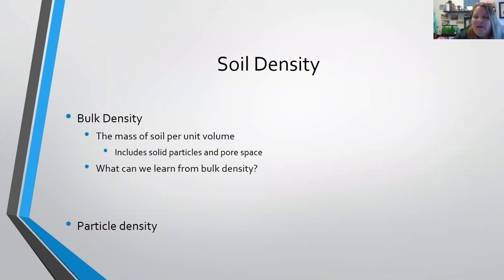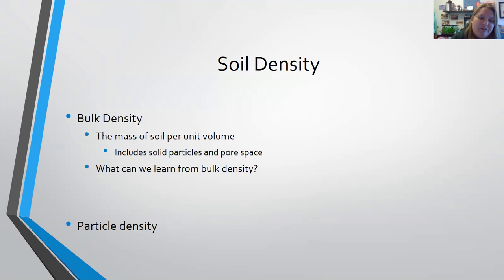But we are going to talk about bulk density and particle density, both of these making up soil density. And these are important characteristics to know, just as much as soil texture, because the bulk density is the mass of soil per volume, and it includes both the solid particles and the pore space.